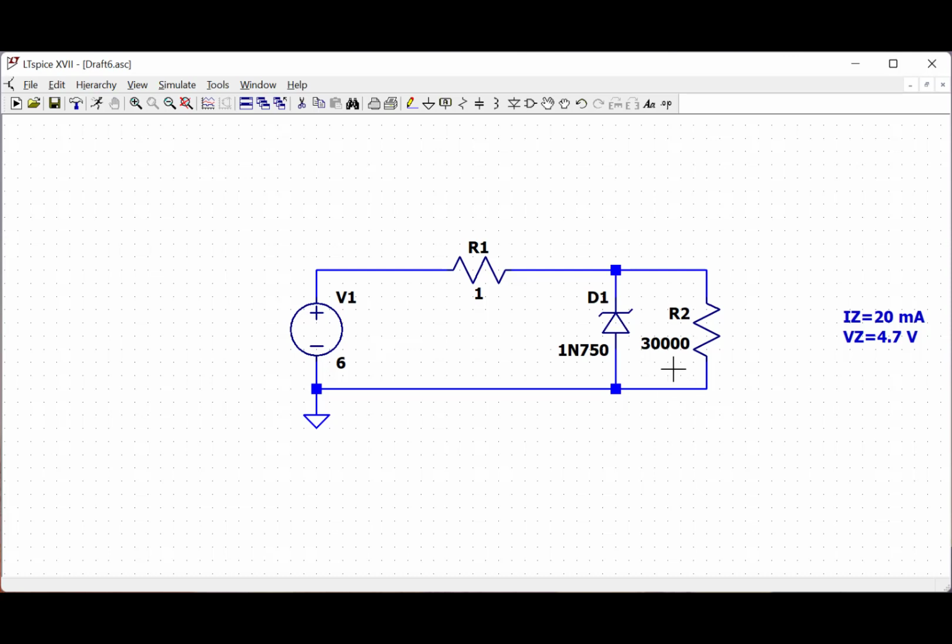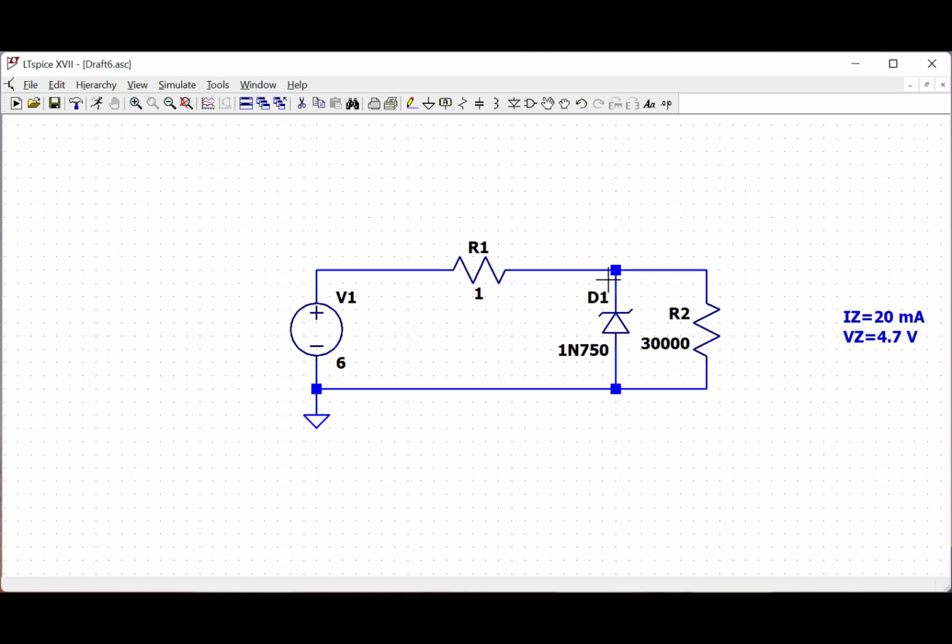Now the point is that the value of the resistor R1 has to be chosen such that the current flowing through it is approximately equal to the typical current of the Zener diode that I need for the Zener diode to be driven at the proper bias.